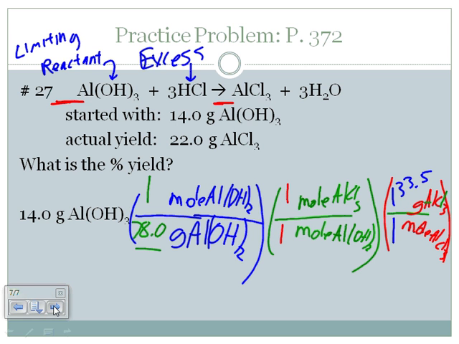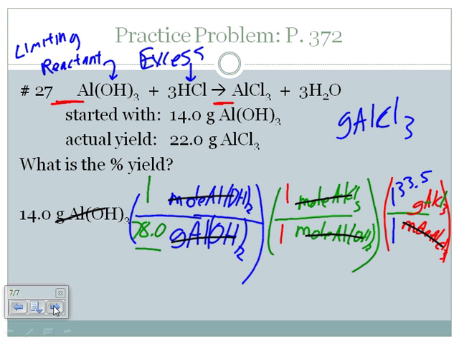If we cancel out our units, grams of aluminum hydroxide, moles and moles will cancel. Moles of aluminum chloride, moles of aluminum chloride. We will end up with grams of aluminum chloride for our answer.